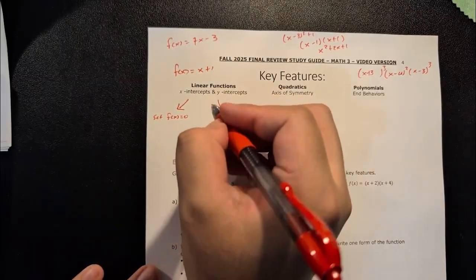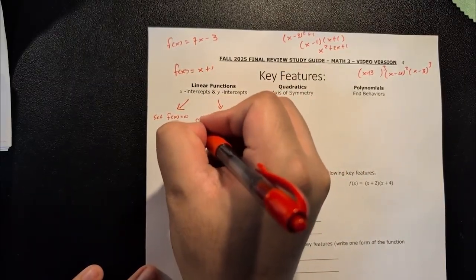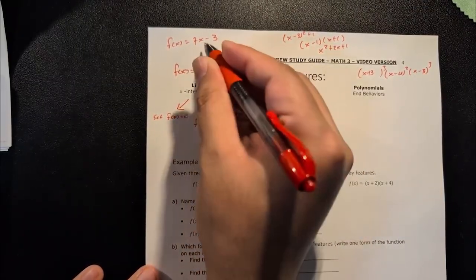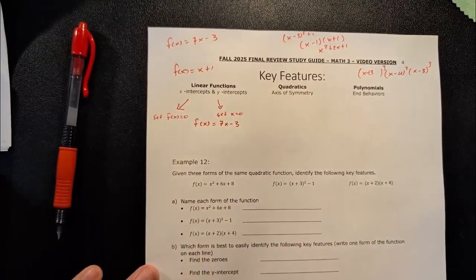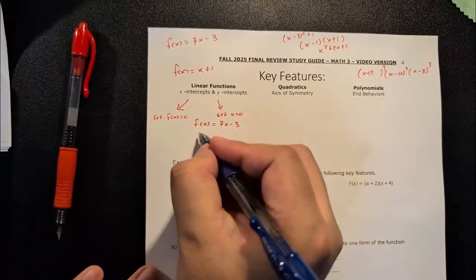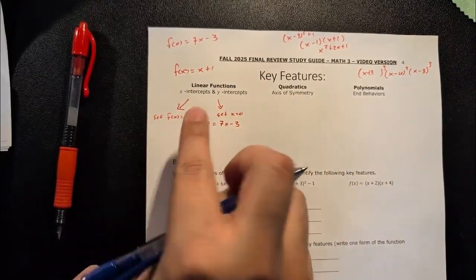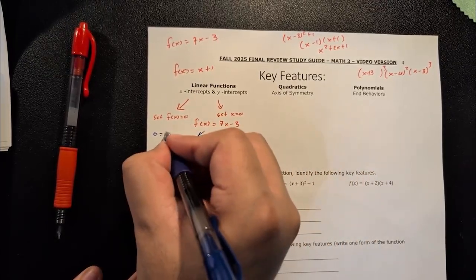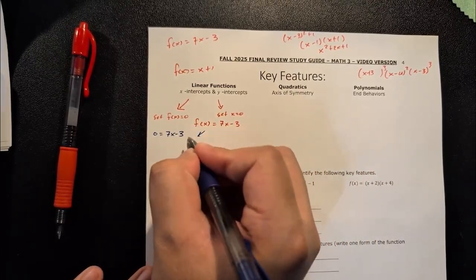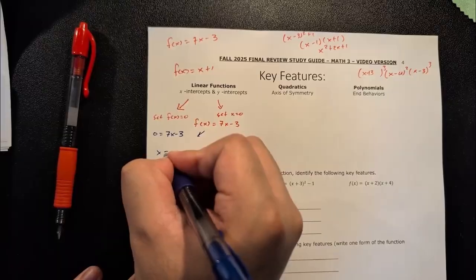So an example would be here. Let's do the top one, 7x minus 3. To find the x-intercept, I set f of x equal to 0. So we set the whole equation equal to 0: 0 equals 7x minus 3, and then you just solve for x at the very end.